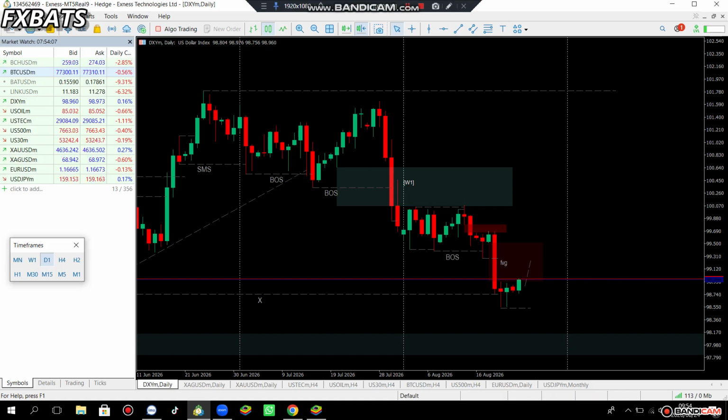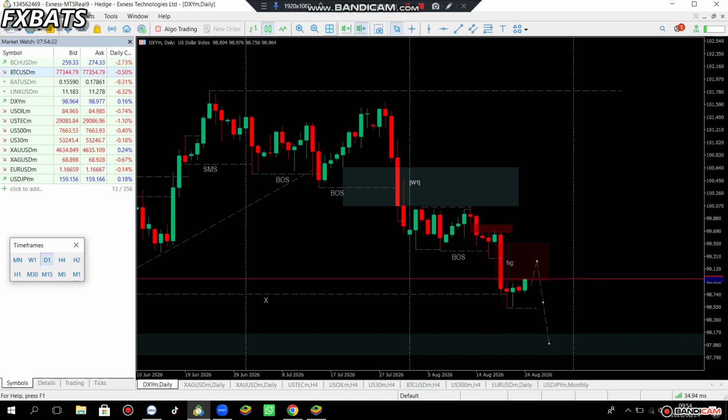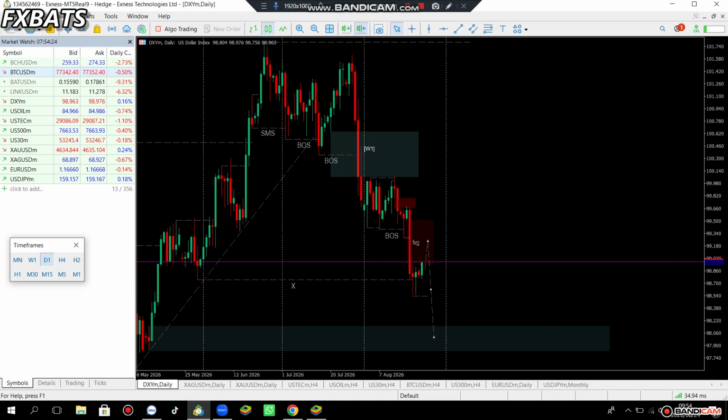A pullback to the daily fair value gap, then I'll scale down to a lower time frame if I'm to trade the DXY, of which I don't. I look for a market maker sell model towards the daily area of demand. This is my anticipation, just like other weeks.